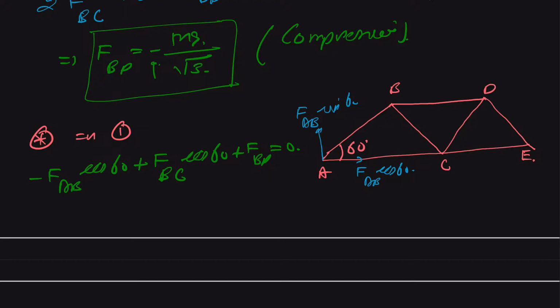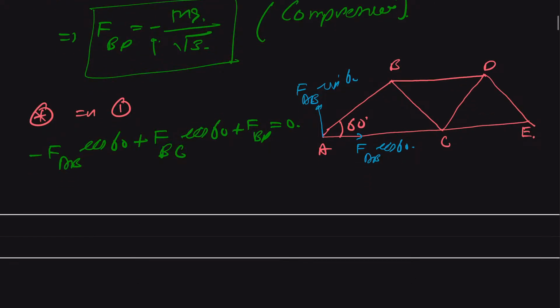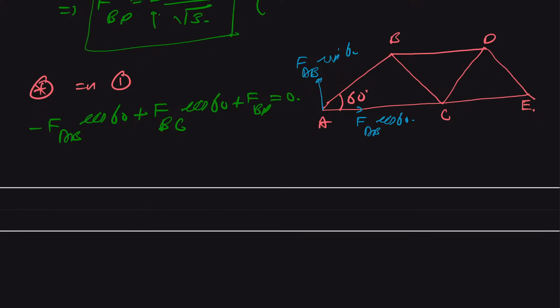Okay. And also in the horizontal direction we are going to have for point A. So let me write it here. So we can say for joint A, in the horizontal direction, one force is the component of our AB and the other one will be our FAC. Okay, so there will be two horizontal components.